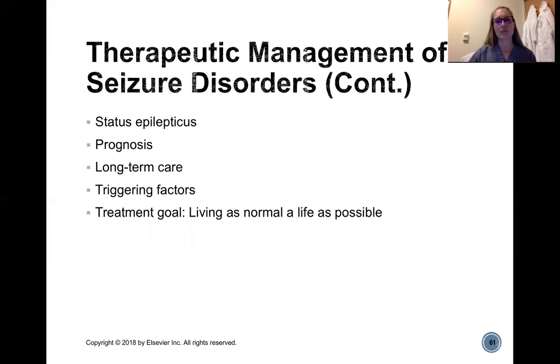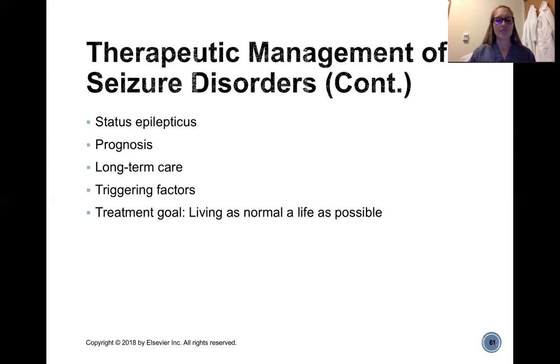The other thing is that if a child experiences a seizure for the first time, we're also going to want to call 911 and have them go to the hospital, because we don't know what the cause of that seizure was. So we want them to have a full workup as close to when the seizure occurred as possible. So we will get them going to the hospital then.